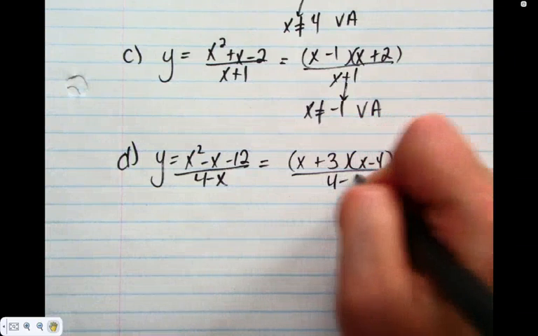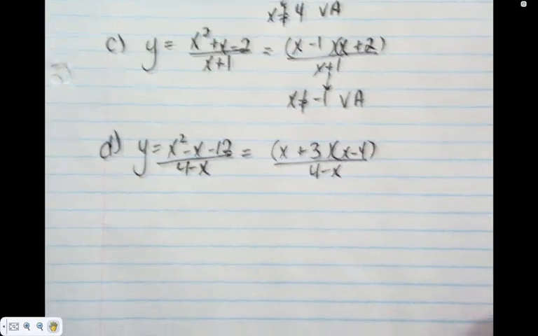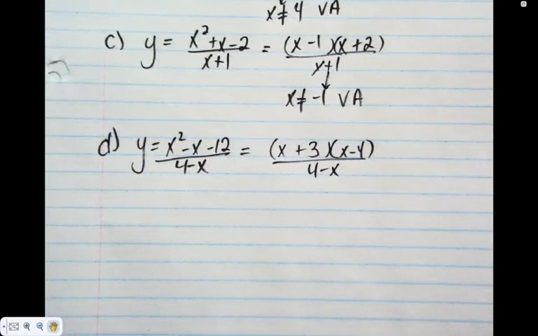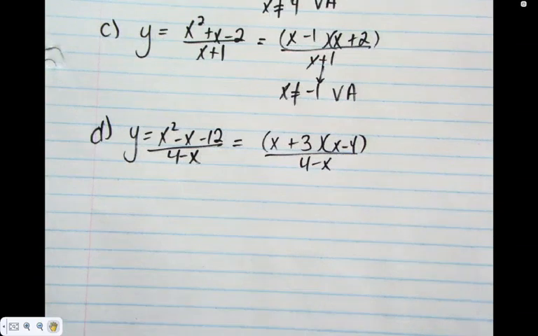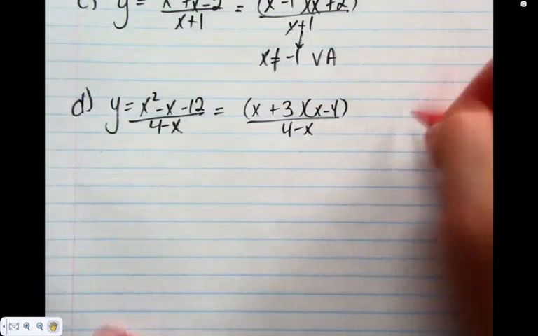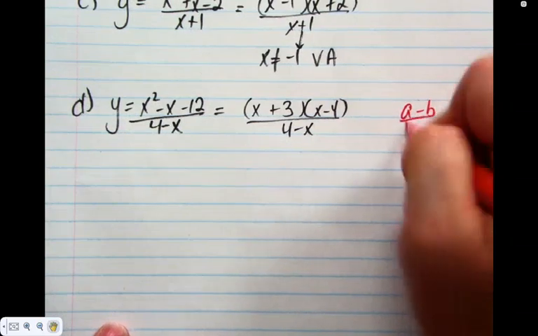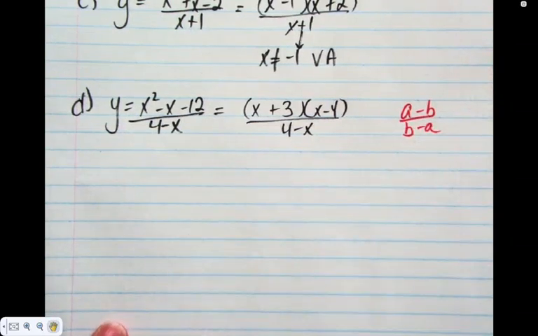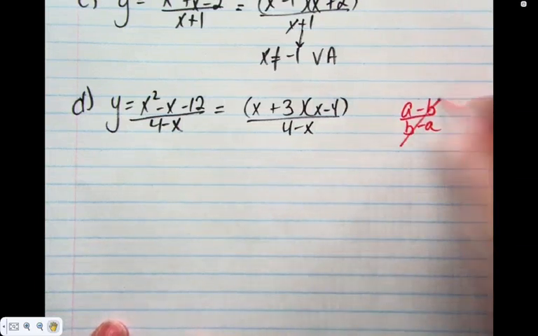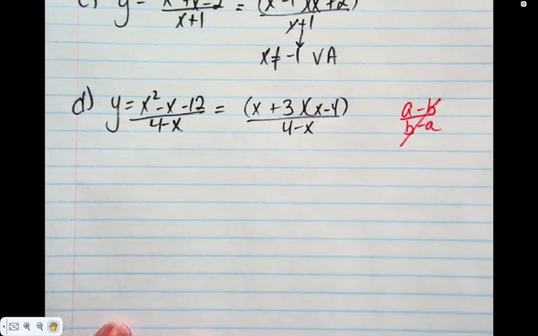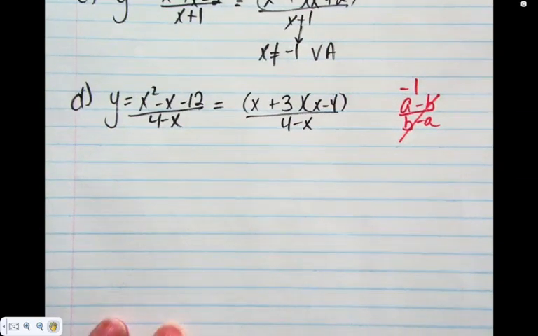Okay, what about the bottom here? So can it cancel? Just grab your red pen. There's a rule from grade 10, which you've probably long since forgotten, that says if you want to cancel a minus b with b minus a, the same terms but backwards, you can cancel, except it's not equal to 1, it's equal to minus 1. I'll just show you why mathematically.